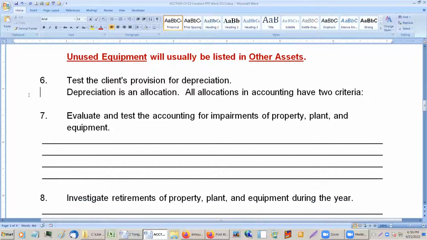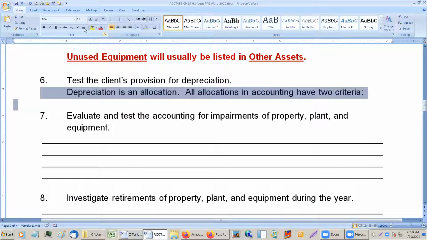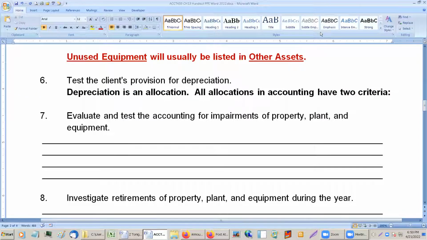Depreciation is an allocation. What we mean by that is, you're simply taking a cost of something and saying, okay, this is gonna last for 5 years, so we're gonna depreciate it over 5 years. We're gonna expense it over 5 years. Depreciation is just an allocation of the cost.